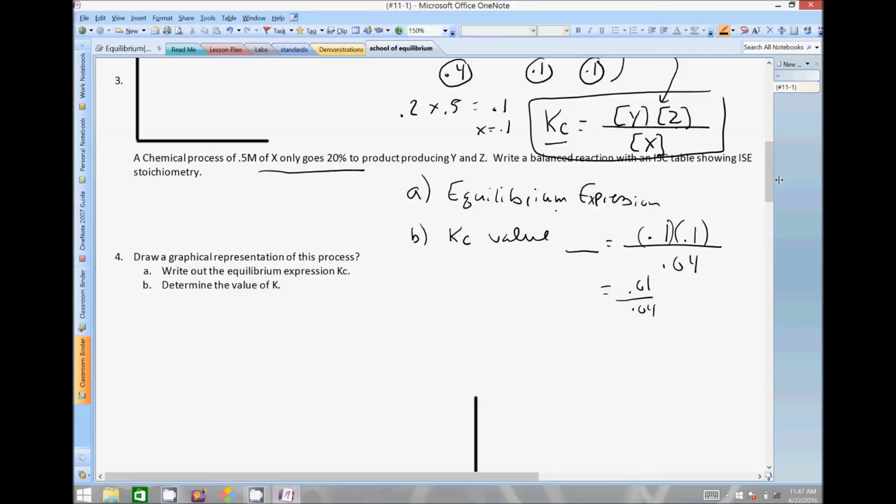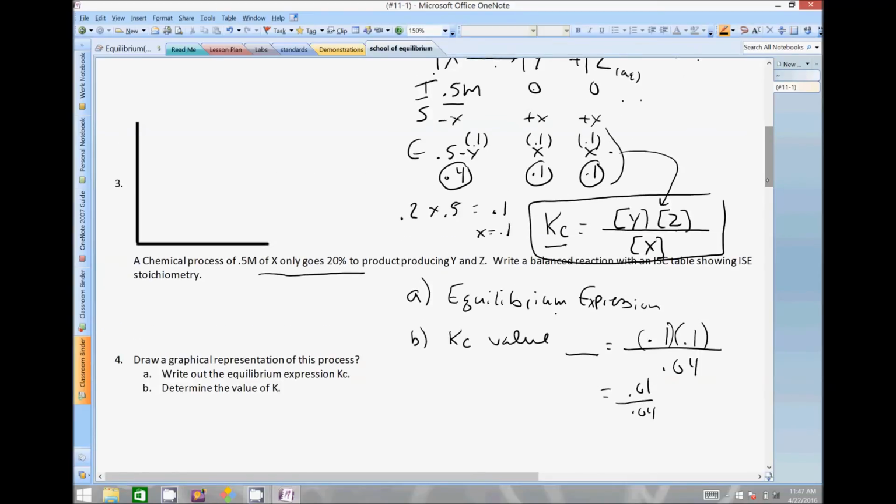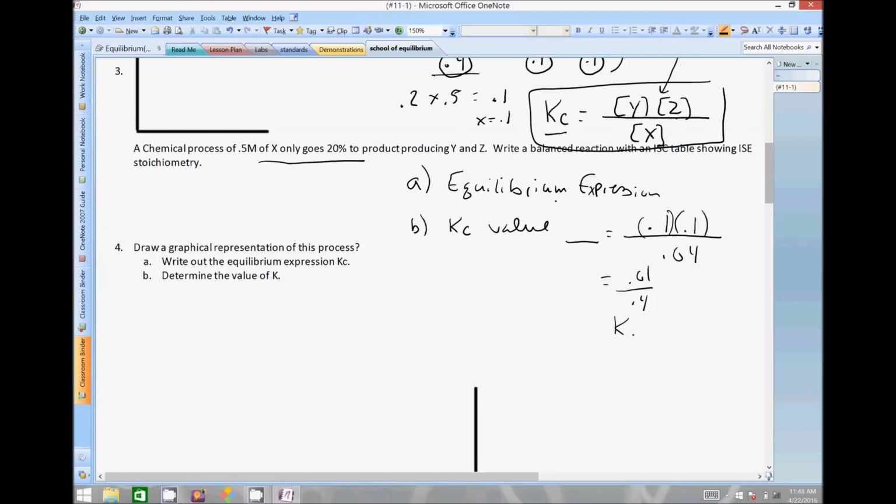Is that right? It's not 0.04, it's 0.4, so let me make sure I get that number right. 0.4, I knew that was a little off. Okay, so 0.4. So in this case, my answer, K, I believe is 0.025?